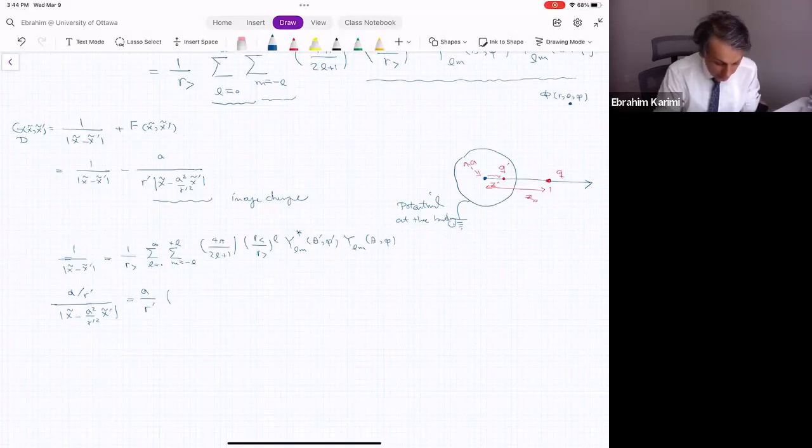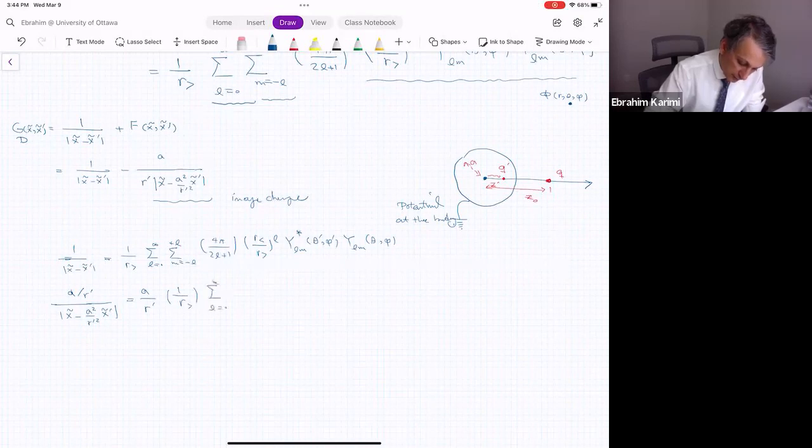I assume that R is greater, so it's 1 divided by R greater, summation of L from 0 to infinity, summation of M from minus L to L, then 4 pi divided by 2L plus 1, then R smaller over R greater, where R smaller is A squared over R prime, to the power of L, Y_LM star of theta prime and phi prime, Y_LM of theta and phi.